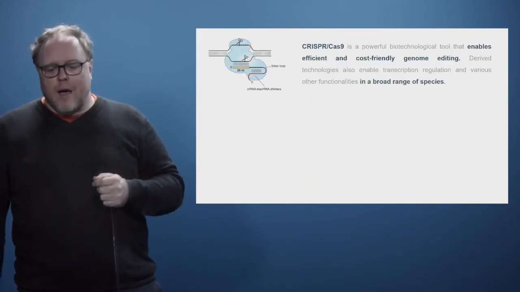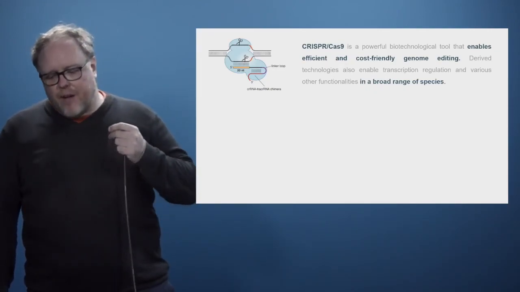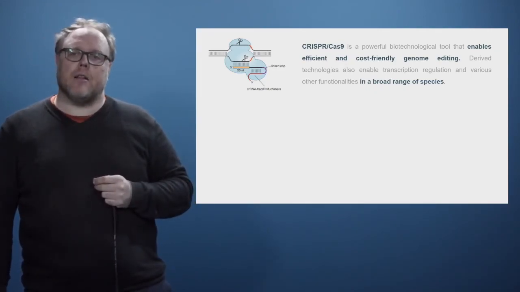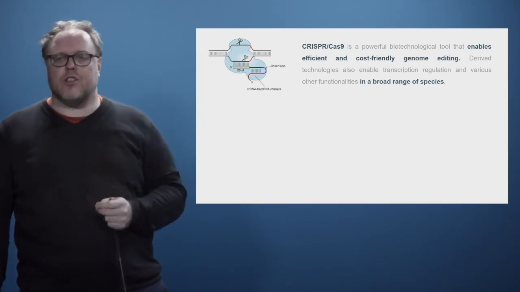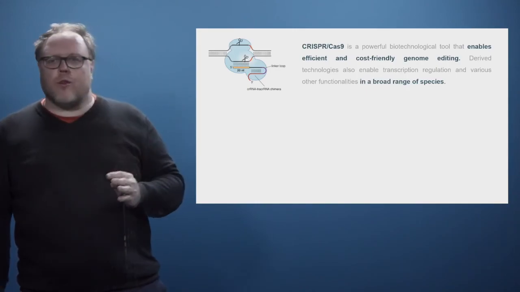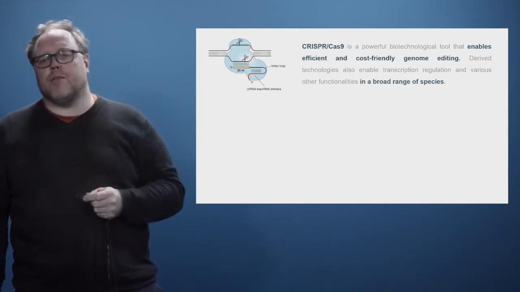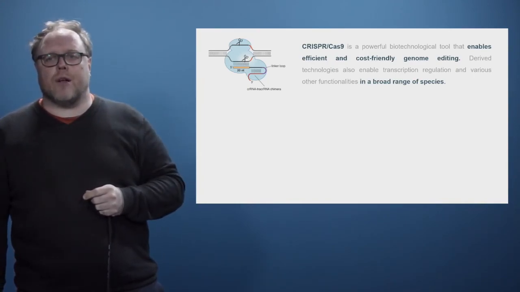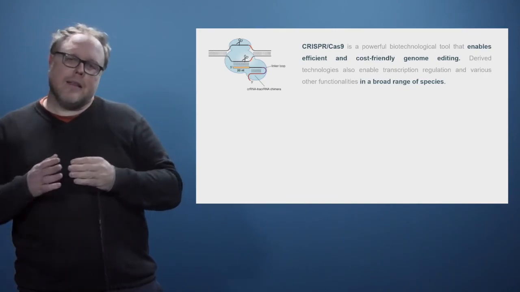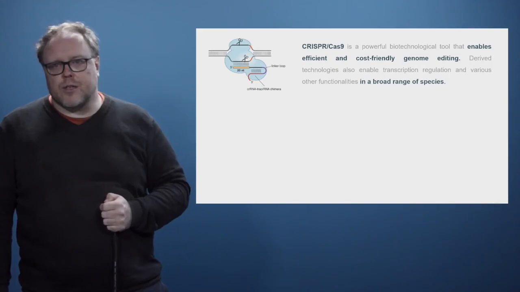So I hope this shows you that CRISPR-Cas9, on one hand, is a very powerful biotechnological tool that enables efficient and cost-efficient genome editing. There are also various derived technologies that not only introduce double-stranded breaks, but also other functionalities in terms of transcription and so forth. And this is possible in a broad range of species.